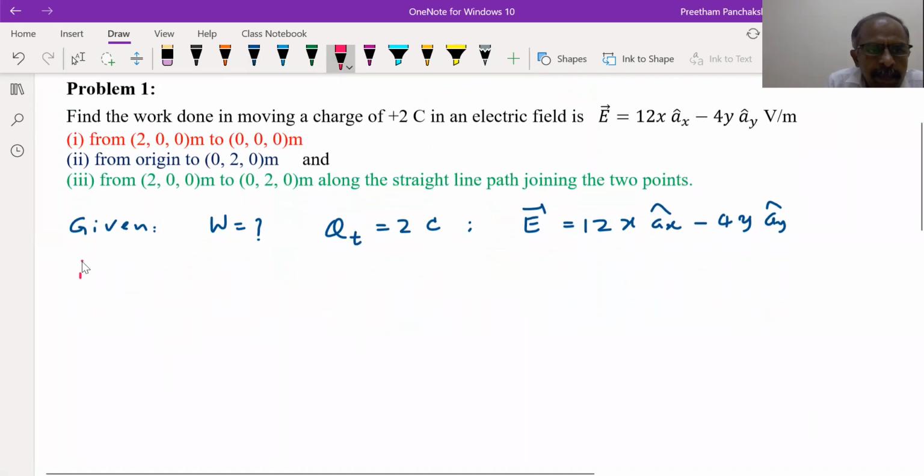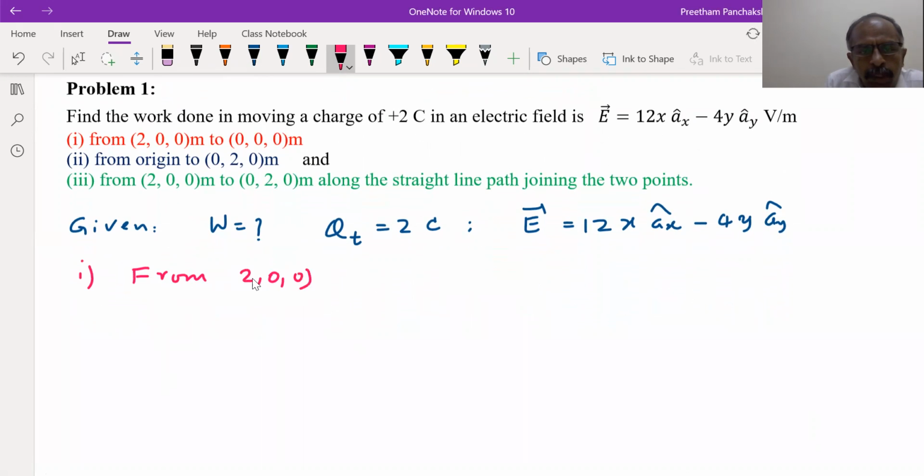Let us take up part 1. Here the path is mentioned as from (2,0,0) meters to (0,0,0) meters.